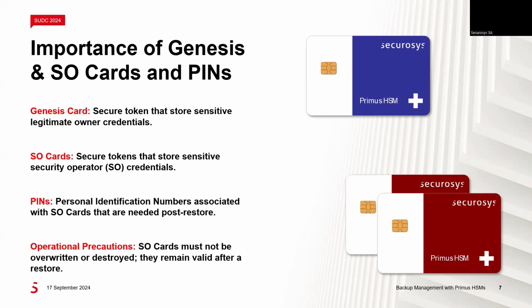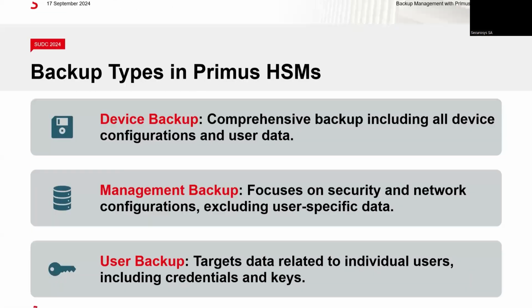They are used by the security officers for managing the HSMs on a daily basis. So configuration aspects, onboarding new users, they typically authenticate against the HSM with the red card. So with that all settled, we can talk about the backup types that we have on the HSMs.